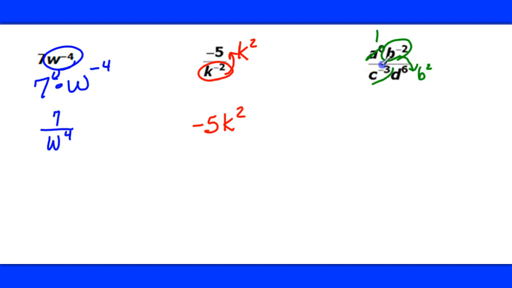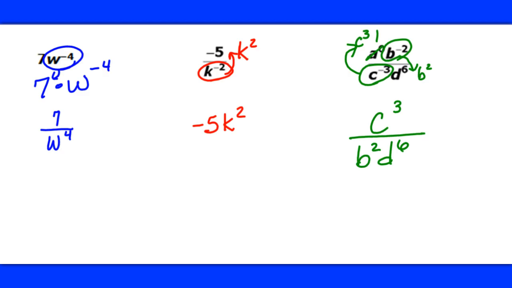This c has a negative exponent, so it's going to move to the top and become c cubed. So what do we have? We have 1c cubed on the top, and we have a b squared d to the 6th on the bottom. That's simplified. It doesn't have any zero exponents, doesn't have any negative exponents. And that's all there is.